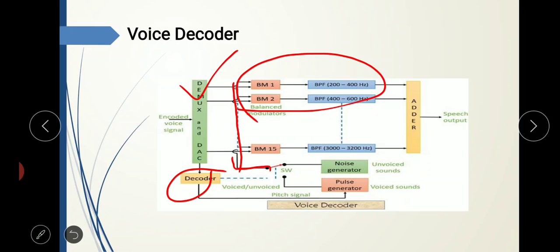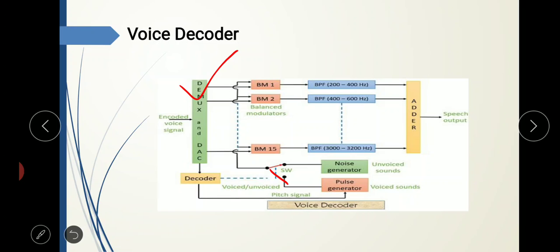This depends on the position of this switch. The switch position is decided by the decoder, because when the voice signal is received, the switch connects the pulse generator.